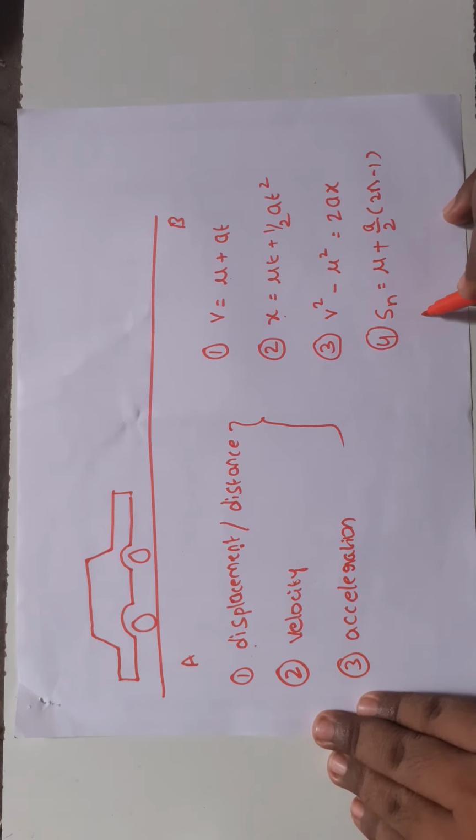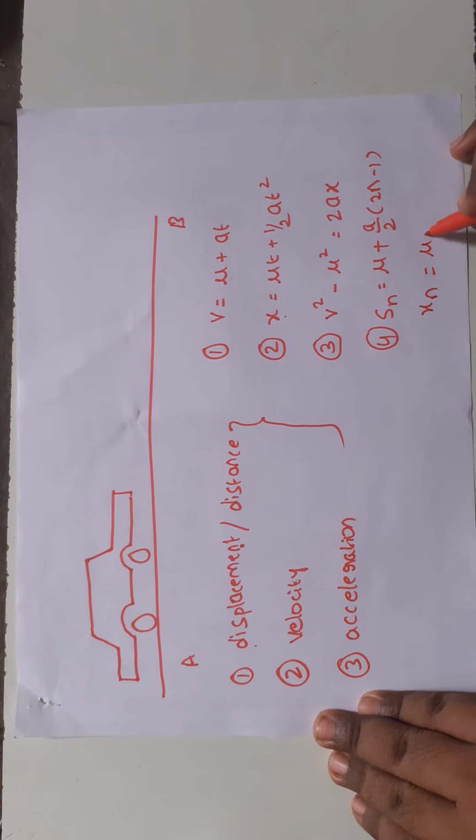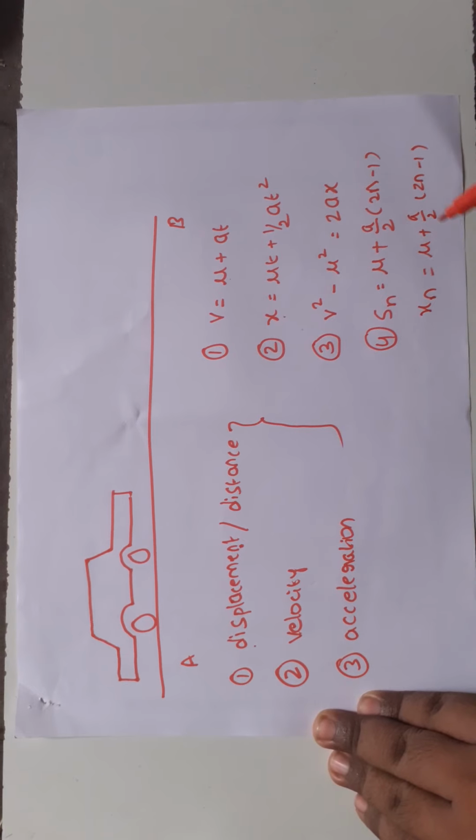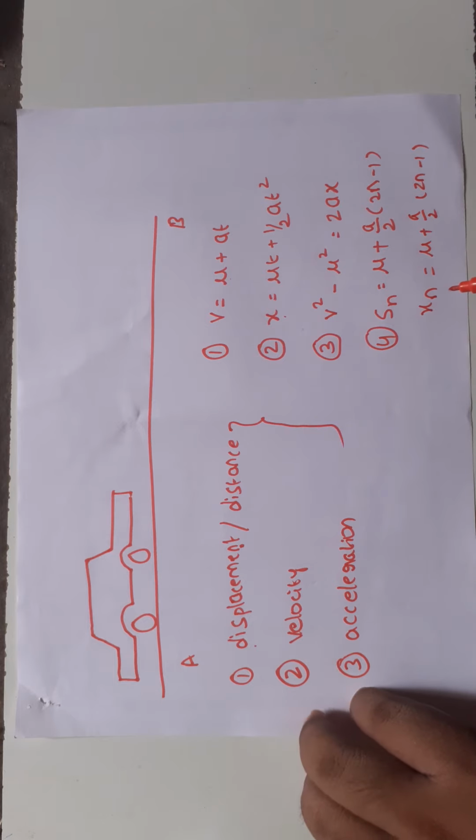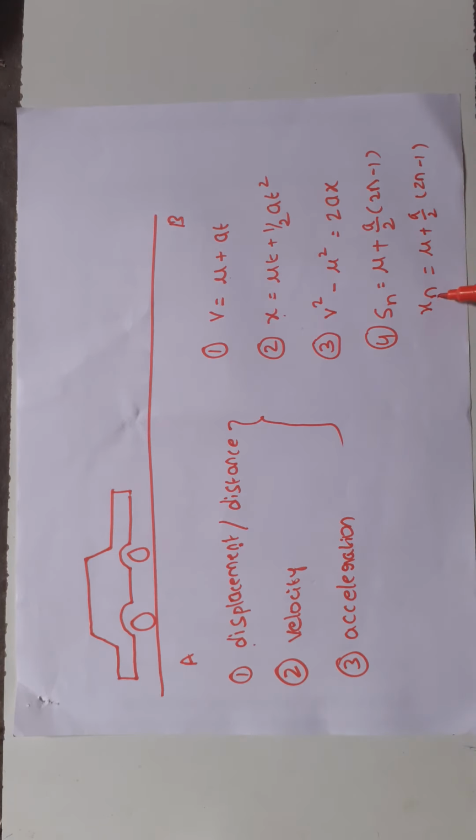You can write Xn equal to u plus a by 2 (2n minus 1), because displacement is denoted by either the letter S or X. Okay, no problem. So here how many physical quantities are discussed? Displacement, acceleration and initial velocity. So three physical quantities are discussed in equation 4.